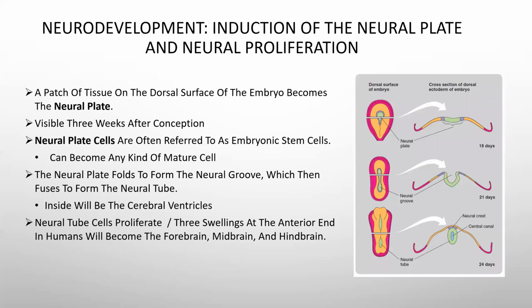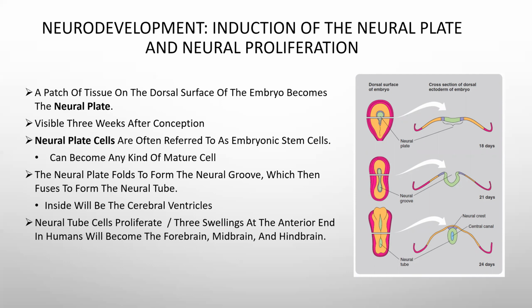Okay, let's start off with the induction of the neural plate and neural proliferation. So a patch of tissue on the dorsal surface of the embryo becomes the neural plate. You can see this in the graphic on the right-hand side. Visible 3 weeks after conception, you see this neural plate. And then neural plate cells are often referred to as embryonic stem cells.